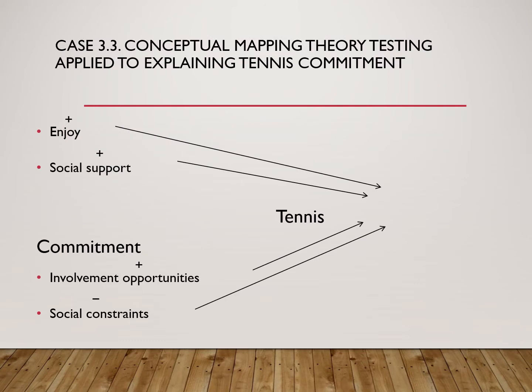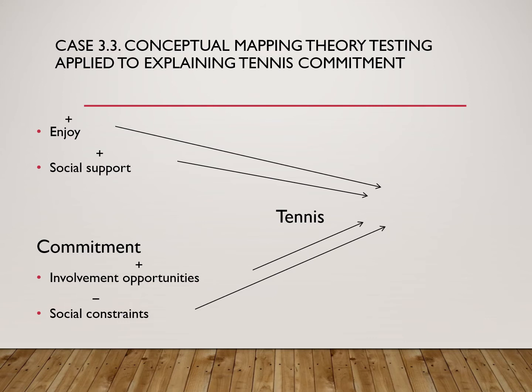So if we're looking at developing a theory, so to speak, we can take a different idea. Let's look at tennis here. We're looking at tennis commitment, or commitment to tennis. We know that there are several variables that would affect tennis commitment, and we want to look at how they affect it. So things like enjoyment, social support, involvement opportunities, maybe positive attributes of being involved in tennis.